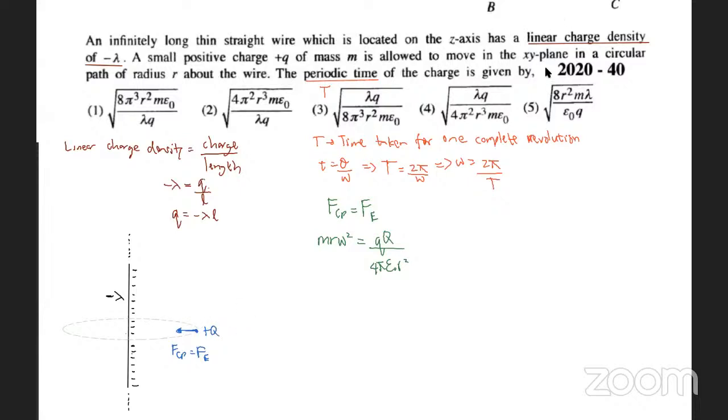And the radius of this path is given as r, isn't it?